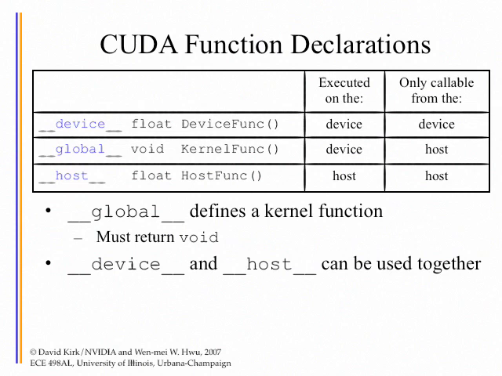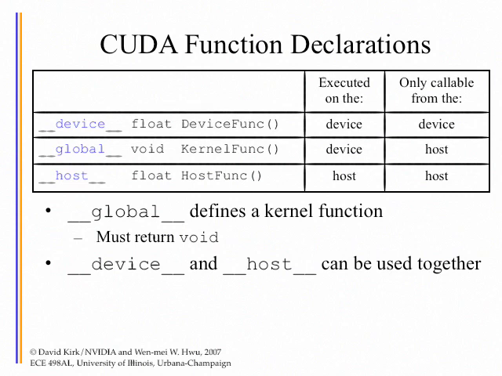You can also declare a function to be host. And that means that you can execute on the host and call on the host. However, if you have some functions that you want to have two versions, one for host, one for device, and you want to be able to use the same function on both ends, you can actually use both keywords in front of the function. You don't need to declare it twice.